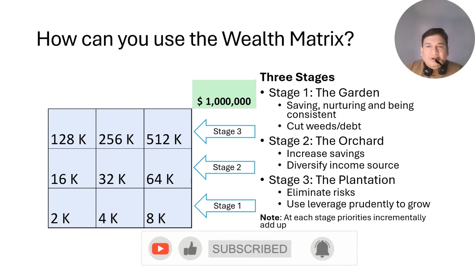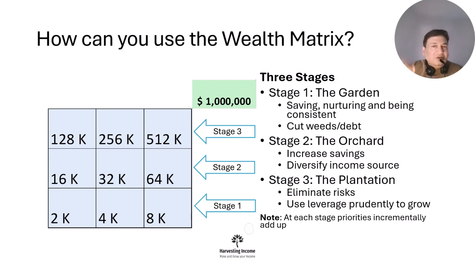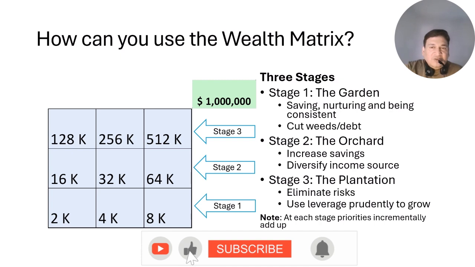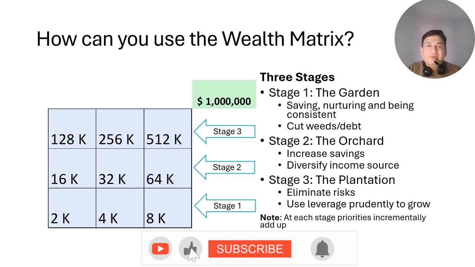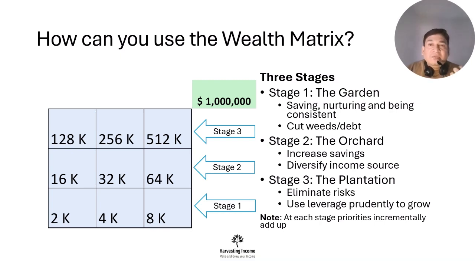I'll start from the bottom because the matrix starts from the bottom and then you go up, like a ladder. You start from stage one at the bottom, then stage two, and then you move to stage three at the top. It moves from left to right as you move up in value.